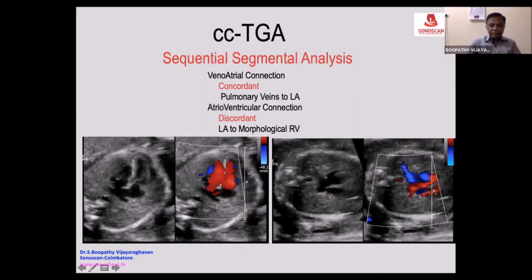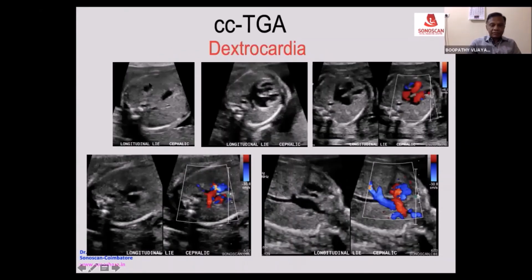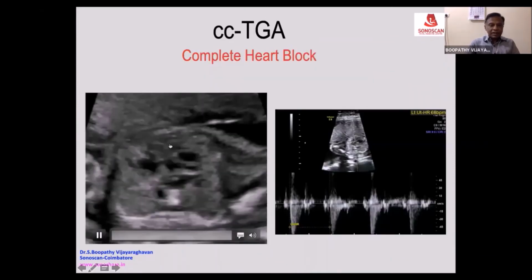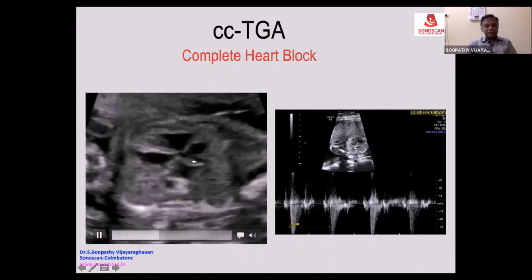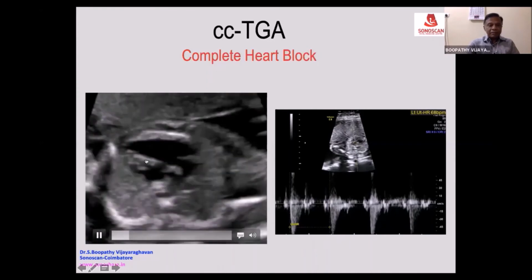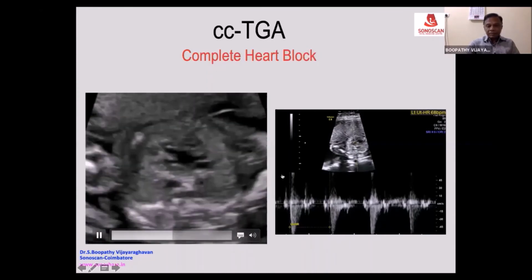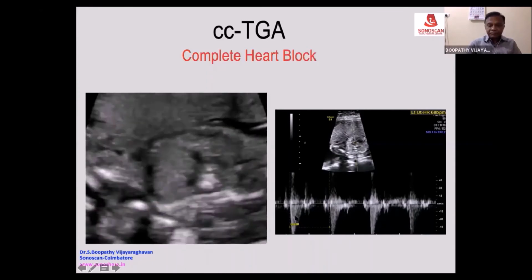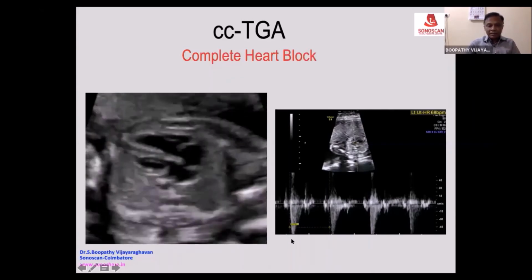The stomach is on the left and the heart is on the right. You also see the aorta arising from the morphological left ventricle. So that is CCTGA. But you see the heart pulsations; there is bradycardia, so you confirm that by doing the spectral Doppler of one of the outflows.